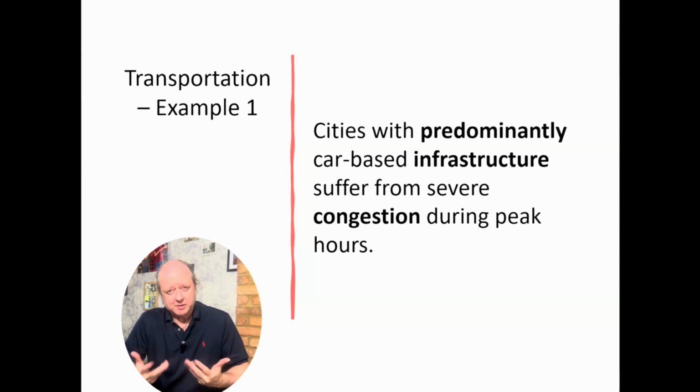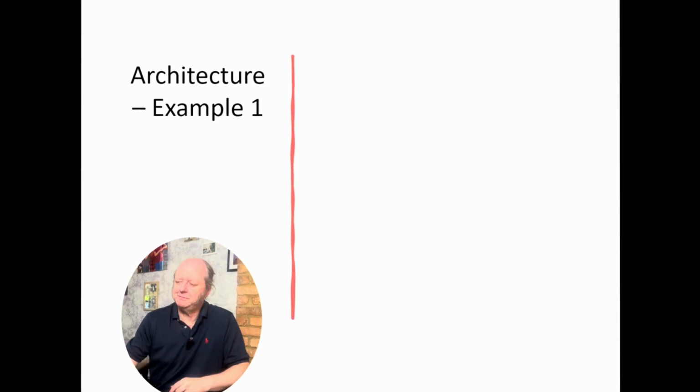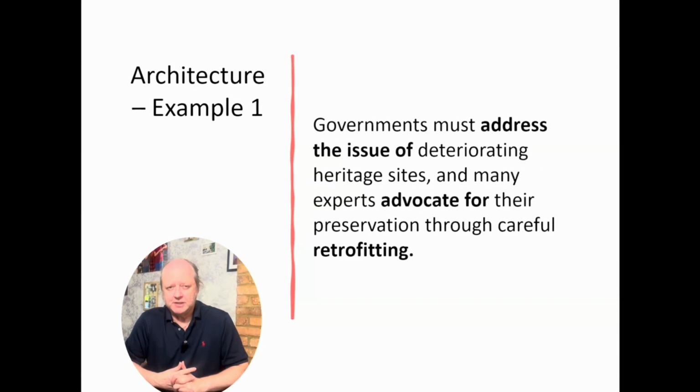So cities that mostly have cars more than buses, etc., they suffer from a lot of traffic jams. Architecture example. Governments must address the issue of deteriorating heritage sites, and many experts advocate for their preservation through careful retrofitting. So a lot of good words in there.